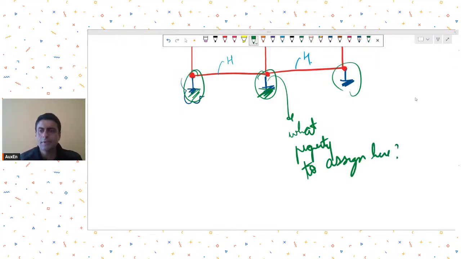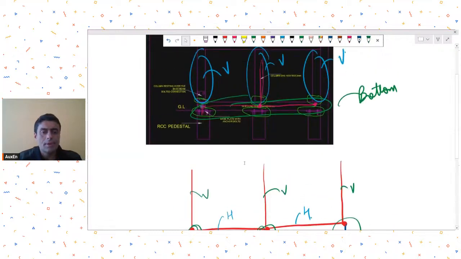Any suggestions? So in this case, I'm also thinking what can be a possible way to provide a property over here. Should I provide the column property? That may not be the ideal way, because the horizontal member is resting.